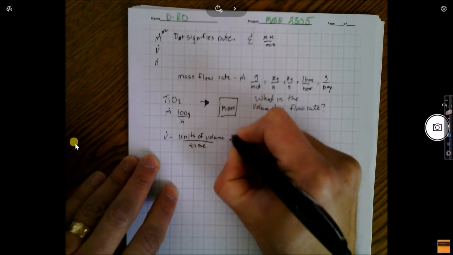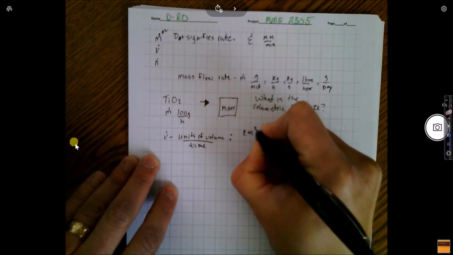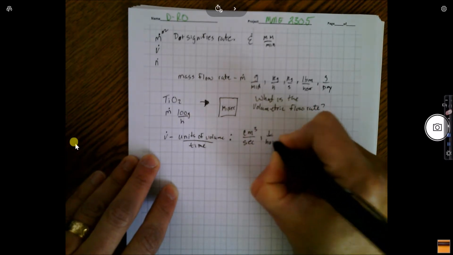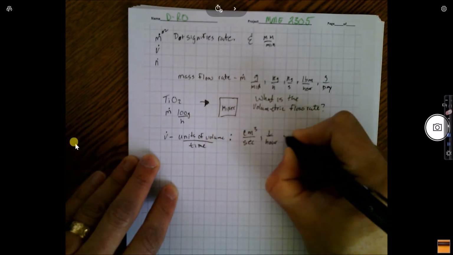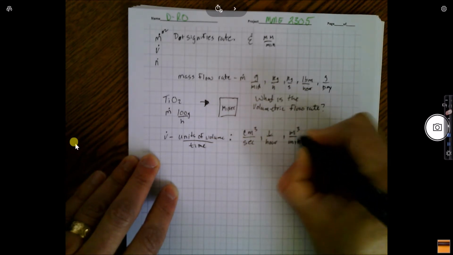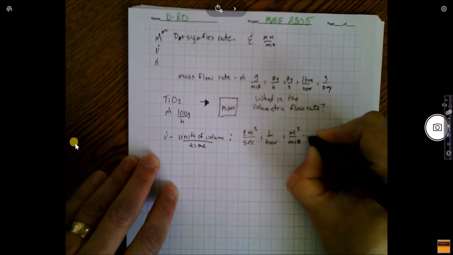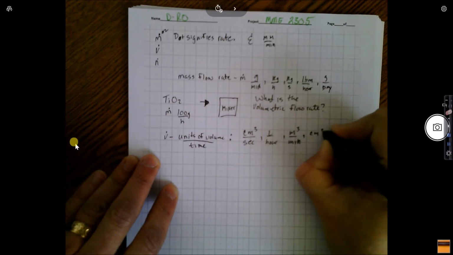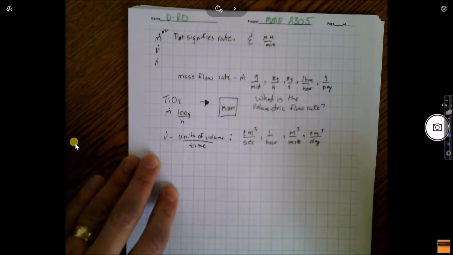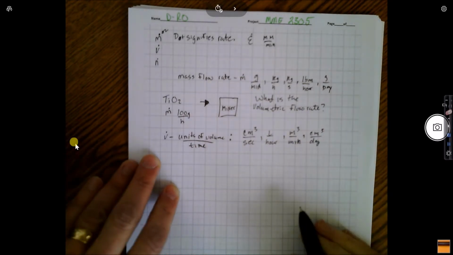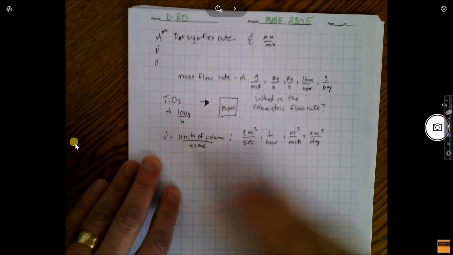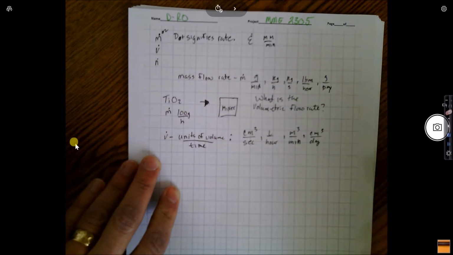An example would be centimeters cubed per second, liters per hour, meters cubed per minute, or centimeters cubed per day. So any unit of volume over unit of time. We want to get from mass flow rate, which is mass per unit of time, to volumetric flow rate, which is volume over unit of time.